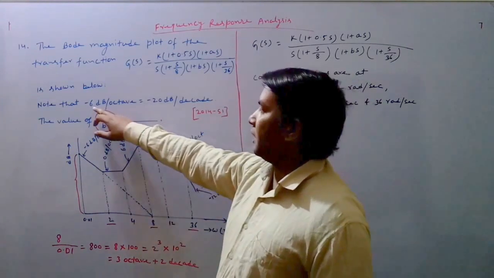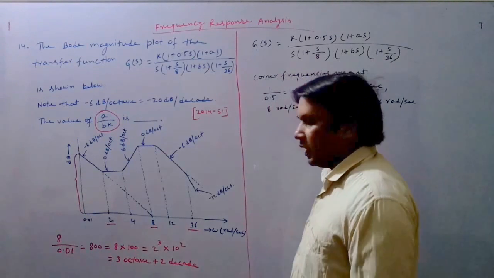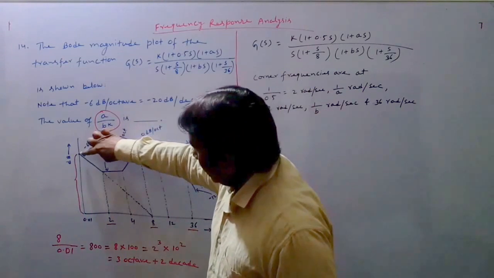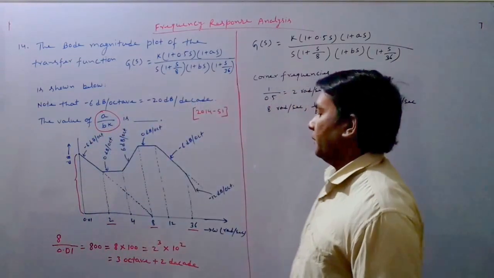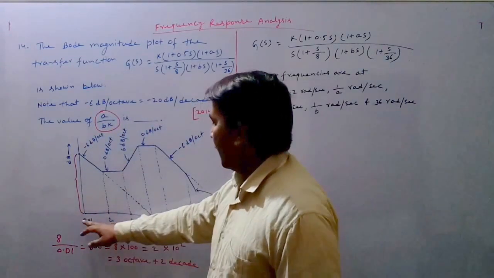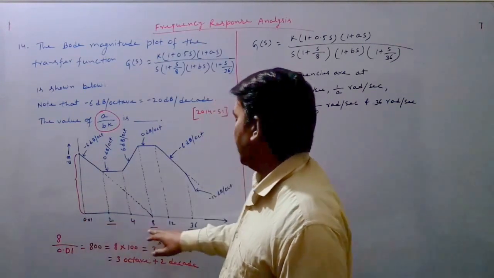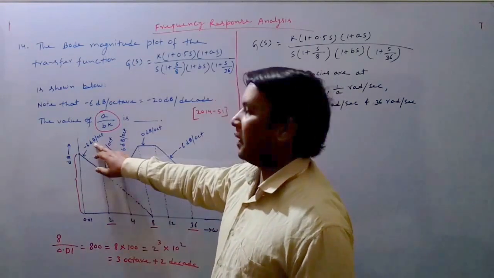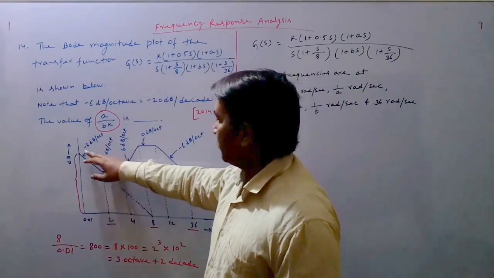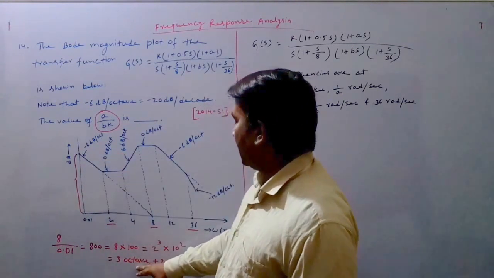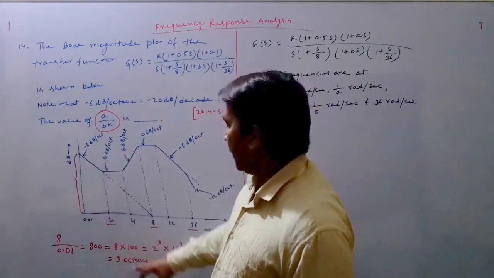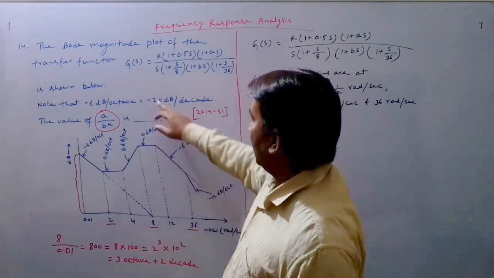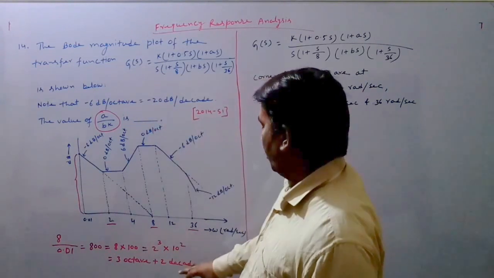It is written that the slope is minus 6 dB per octave, and here we have to travel from here to here. The distance is 3 octaves. So 3 octaves means minus 6 multiplied by 3, which is minus 18, and 2 decades means minus 20 multiplied by 2.